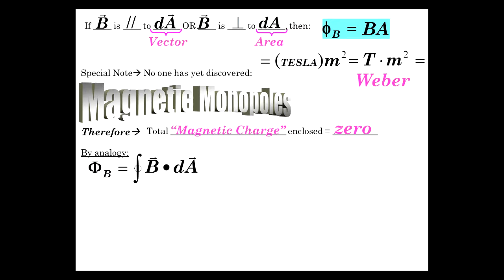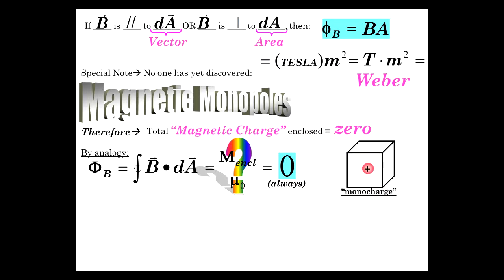The total magnetic flux enclosed, closed integral of B dot dA, is equal to, instead of Q enclosed over epsilon 0, as with electric flux, we say magnetic charge enclosed over mu 0, the corresponding magnetic permeability corresponding to electric permittivity. We'll have a little more discussion on that later. So that whole thing is zero. In fact, it's always zero because there are no magnetic charges in isolation.